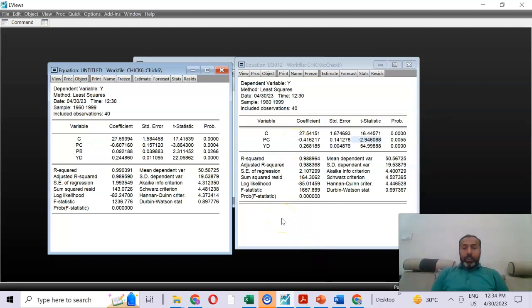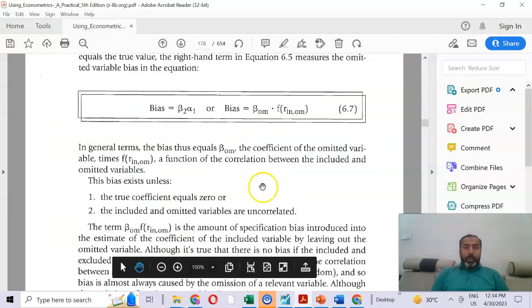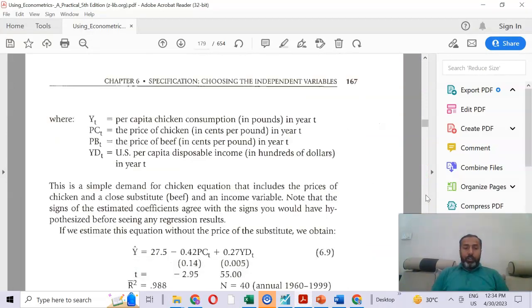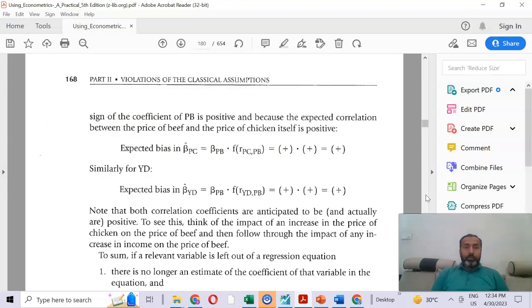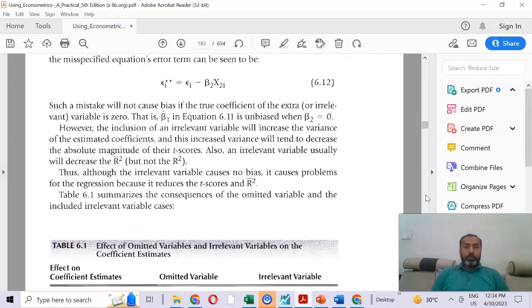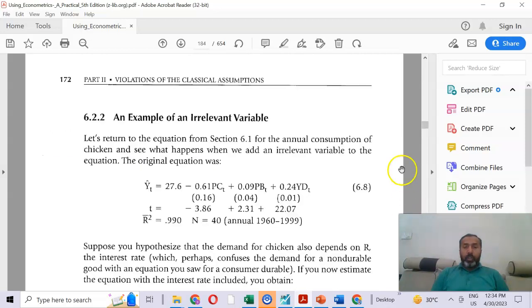Now, we shall discuss here what happens if an irrelevant variable is included in the equation. See here, this is our original equation in which chicken consumption has been regressed upon price of chicken, price of beef, and disposable income.